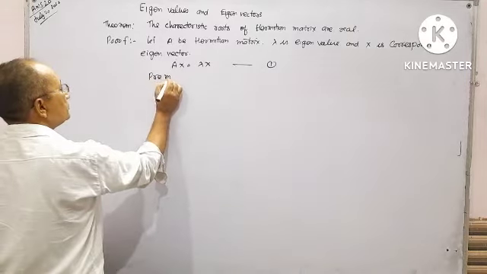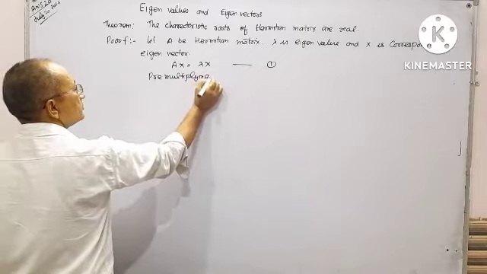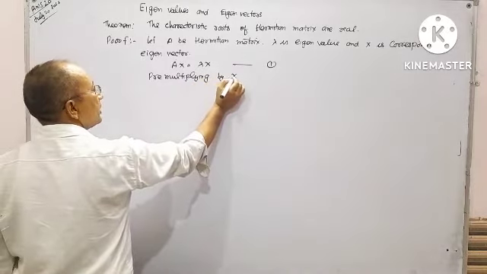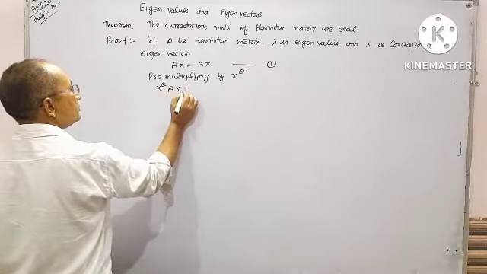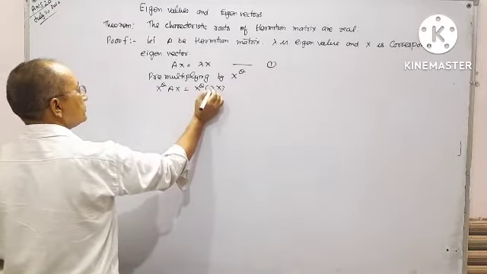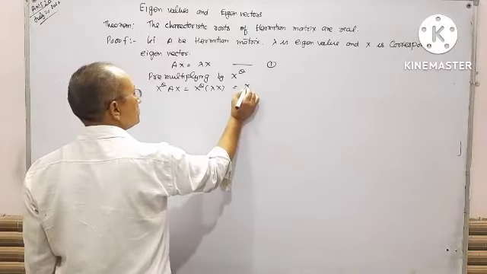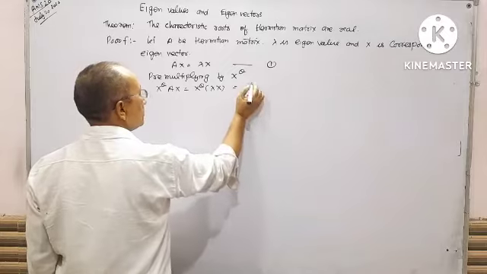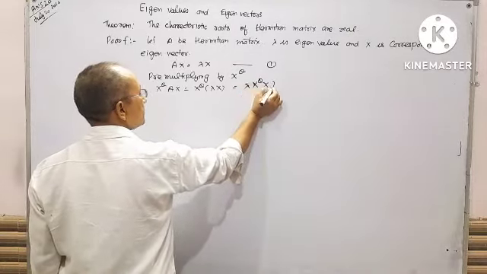Pre-multiplying by x theta, x theta Ax equals lambda x theta x.